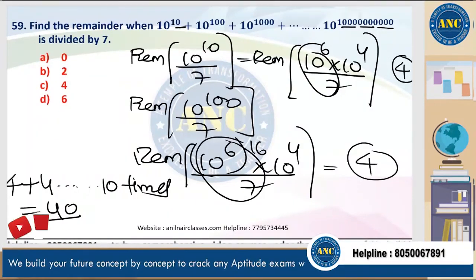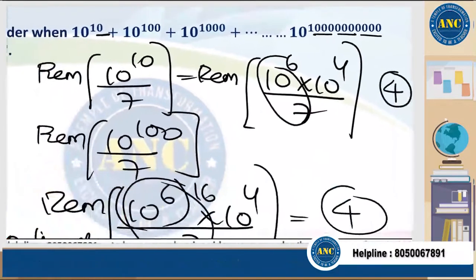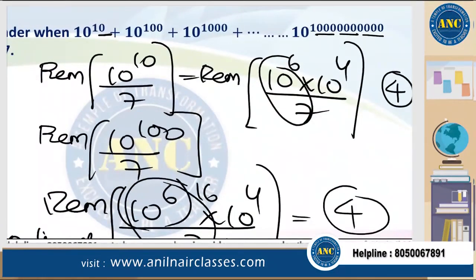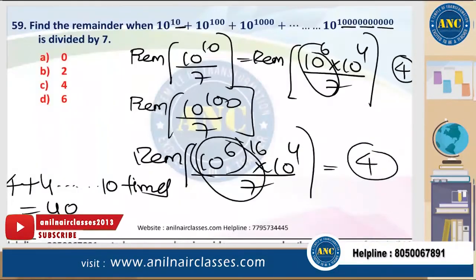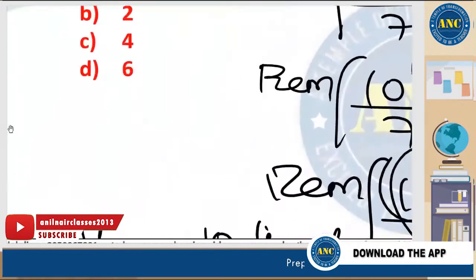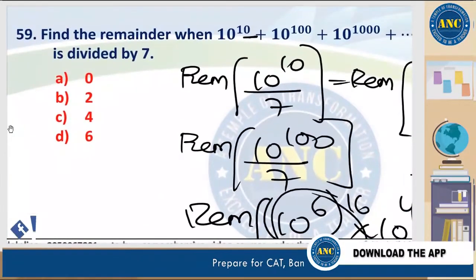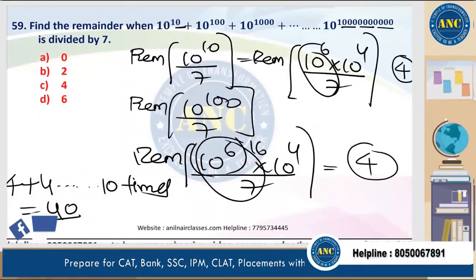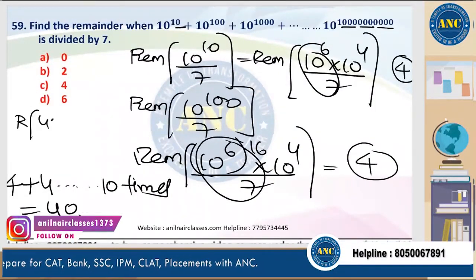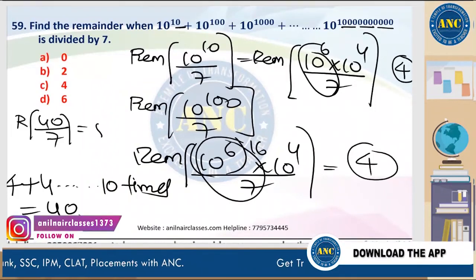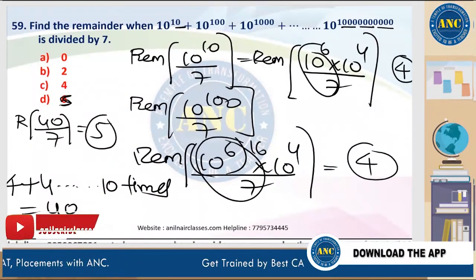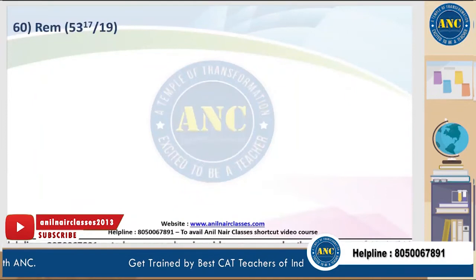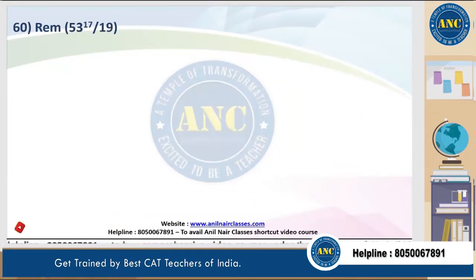So 40 divided by 7, 7 5s are 35. Answer is 5. Remove one option. Answer is 5. I hope the idea is clear.